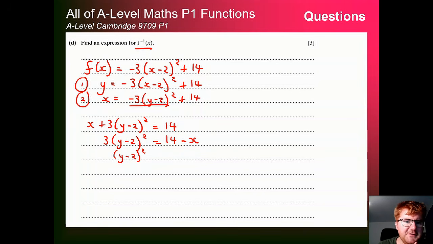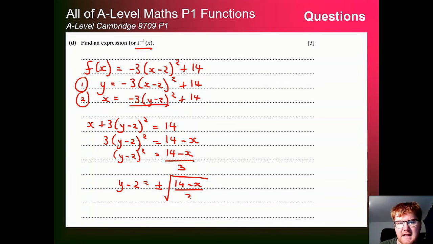You can always times top and bottom of a fraction by minus 1 to have the same effect. Then we square root, remembering we have a positive and negative. That's very important for later, as we've seen already. And then we add on 2. So we get y is equal to 2 plus or minus the square root of (14 minus x) over 3.